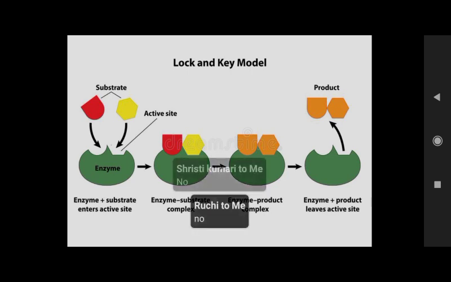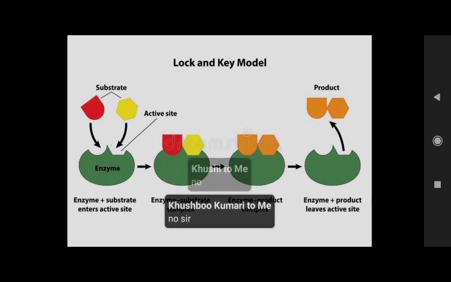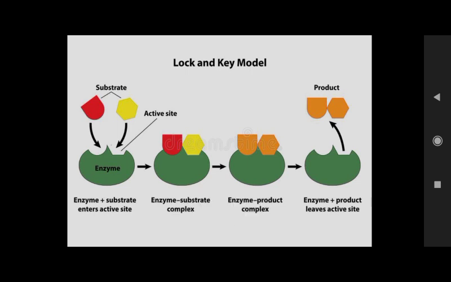No. So many locks are there in the world, and we have seen that each lock has a particular fashion to which the key binds, isn't it? Yes or no?